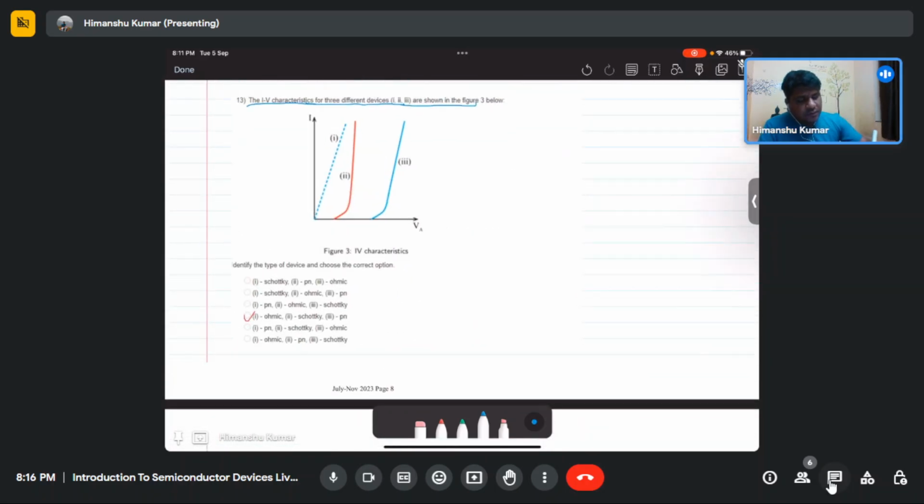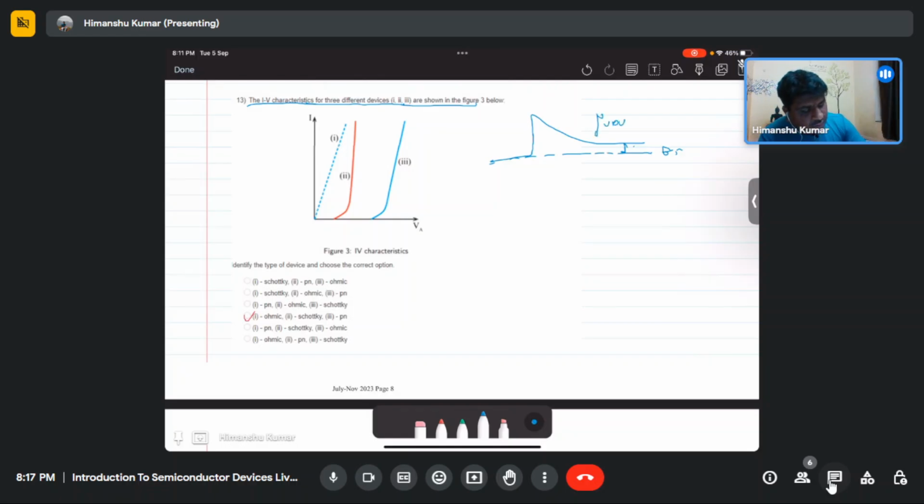So in case of a Schottky junction, this kind of barrier is formed, and we can write this as EF, and this is EC minus EF, and this is VBI.